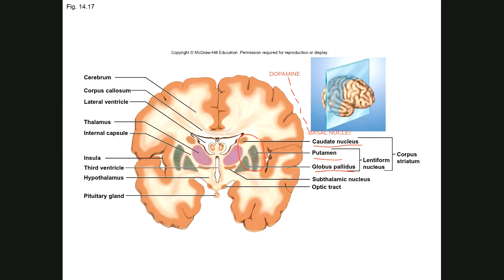Or sometimes when a person with Parkinson's has to start writing, they don't begin until you give them a push, until you guide their hand and they start to write. But then what happens? They start shaking. So as you can see, their movements are affected greatly when the basal nuclei is not being regulated by dopamine.